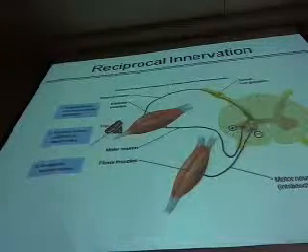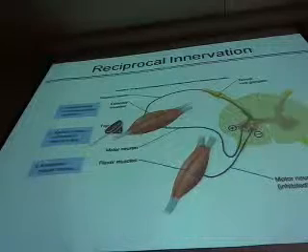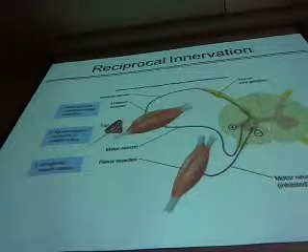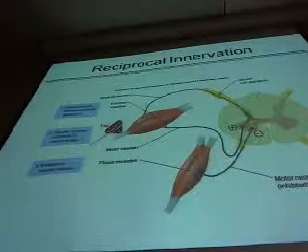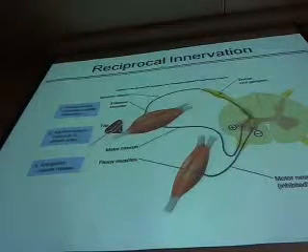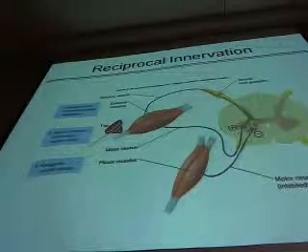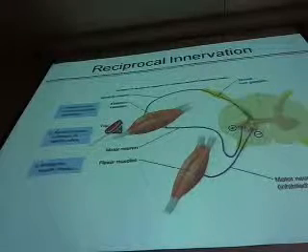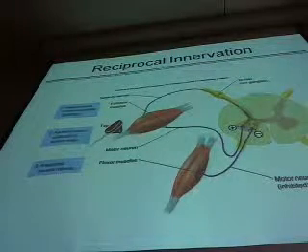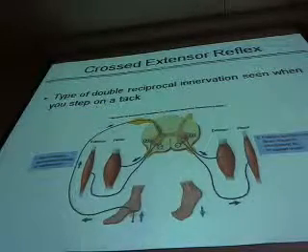One, muscle stretch. This is reciprocal innervation. Muscle stretch activates the spindle apparatus. Antagonistic muscle contracts in a stretch reflex. The agonist muscle contracts, the antagonistic muscle relaxes. You're going to do a curl: your biceps contracts, your triceps relaxes.